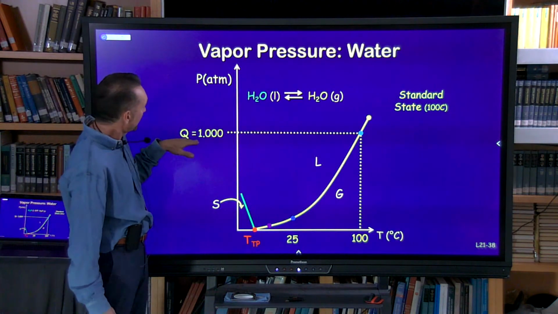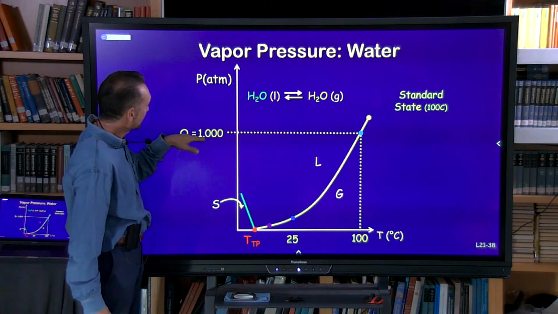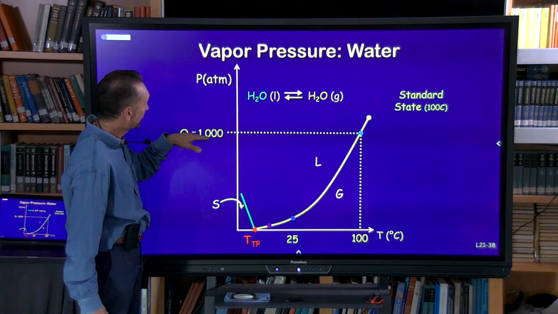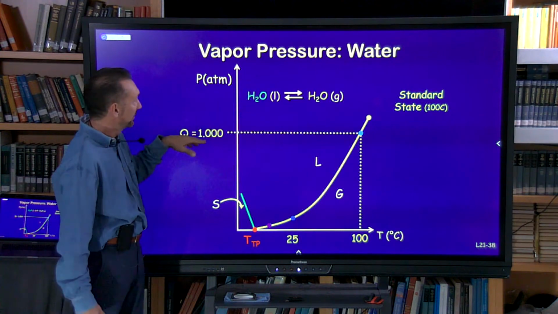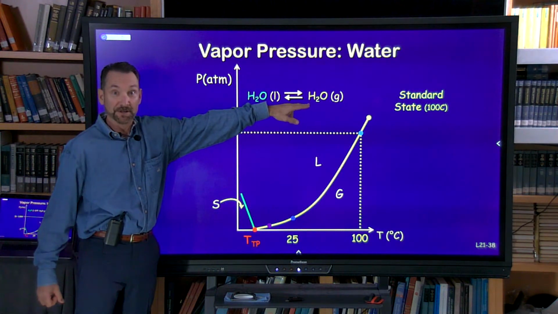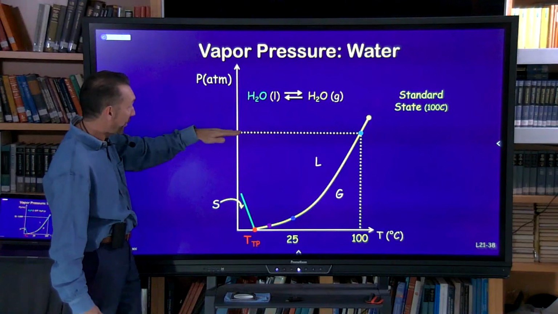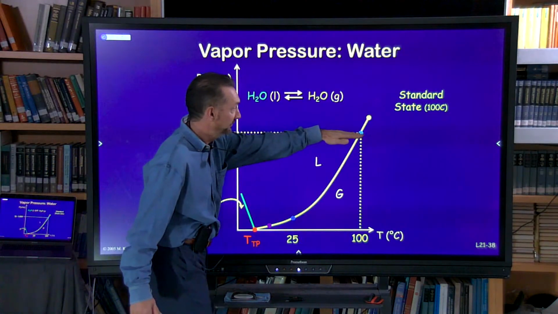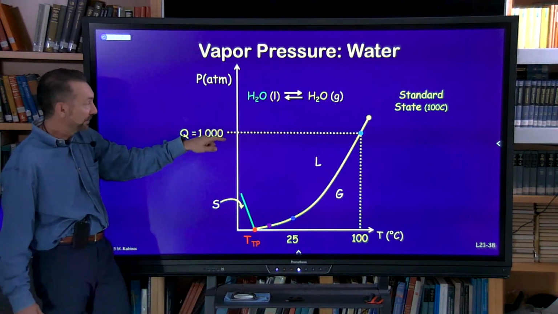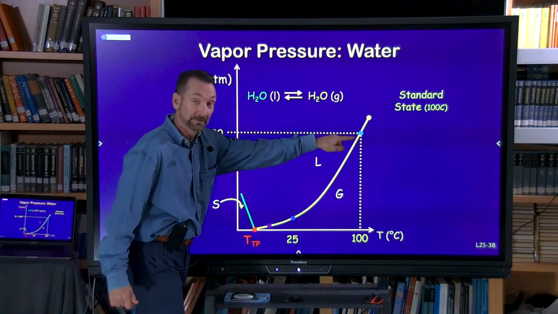So if we look at a state where Q, where the pressure is 1 atmosphere, that is the standard state. So all along this line, you're in the standard state. And you can be in the standard state in any temperature.